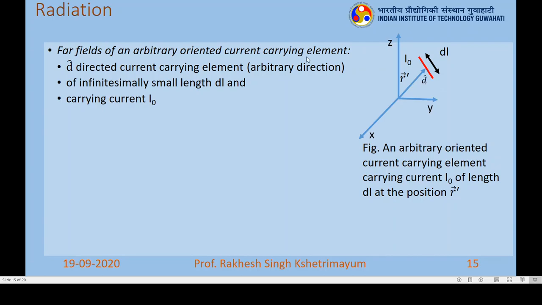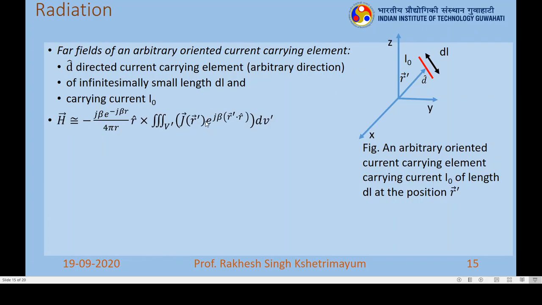I can easily find it now because I have done it for any arbitrary current density. So the expression you have can be deduced for this Hertz dipole, a small current carrying element of length dl and carrying a current of I naught. So we have the expression for magnetic field like this.